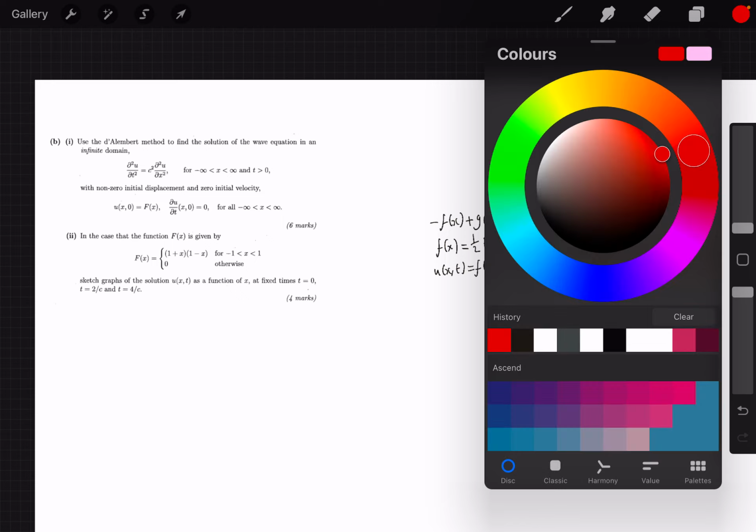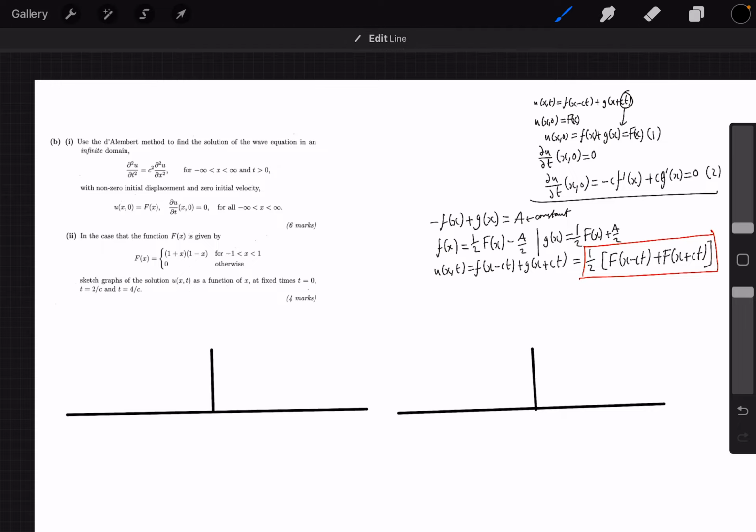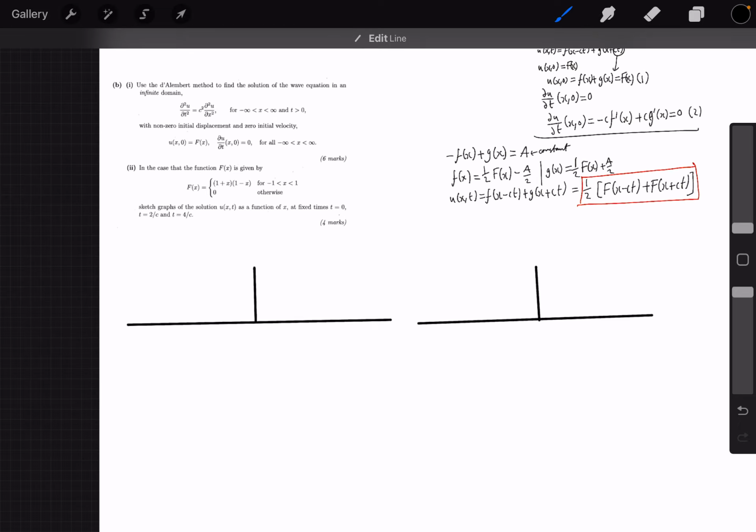I'll just go back to my black pen. And so let's do 3 graphs. They're going to be very simple and not very well drawn, so I apologize for that. But if we have 3 graphs, and then there's one more.